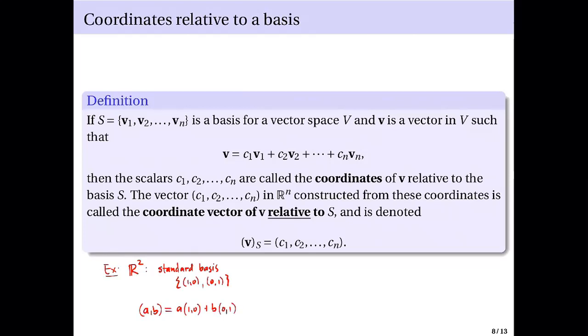Graphically, this is your standard Cartesian plane. This is 1, this is 1. If this is your point (a, b), you will have this vector. This means that this here is your a, and this here is your b.